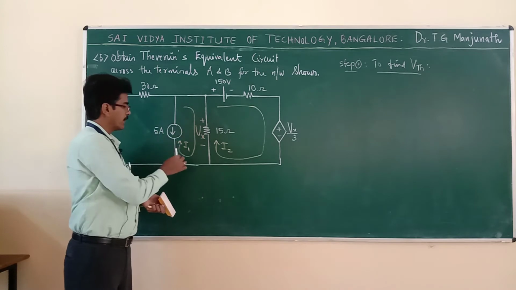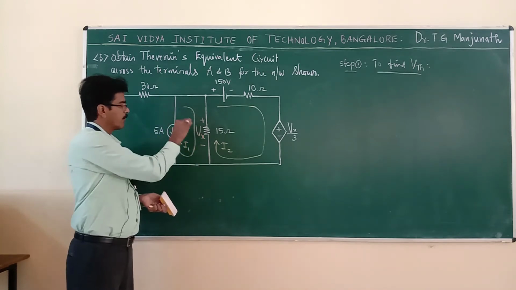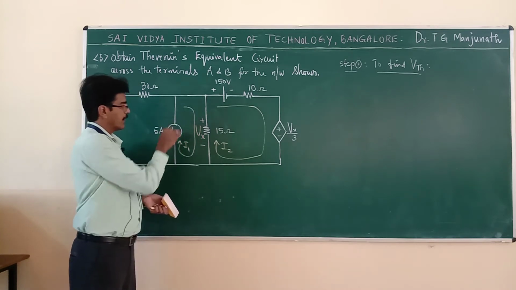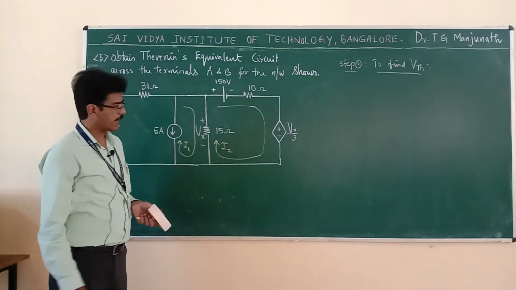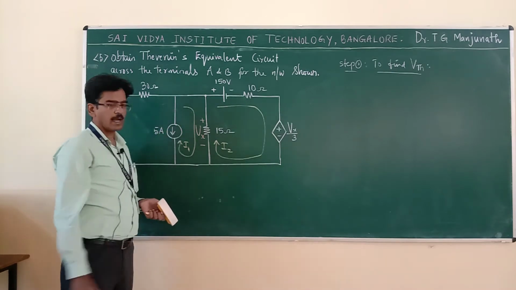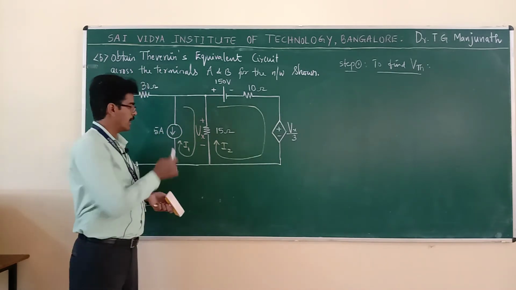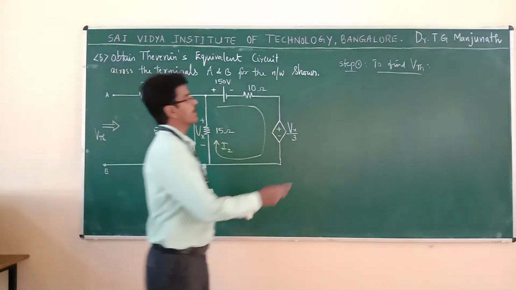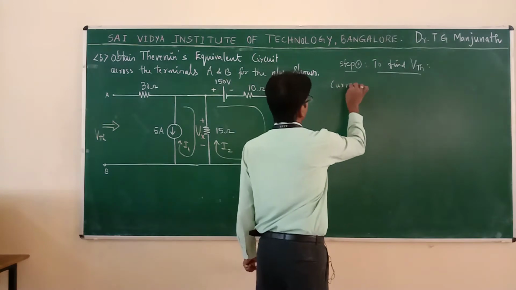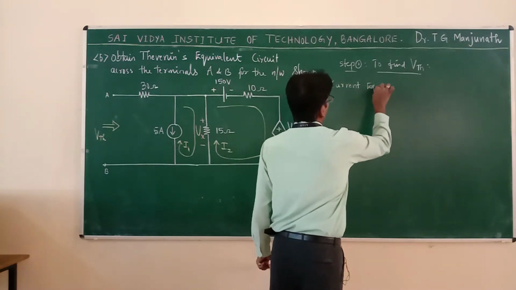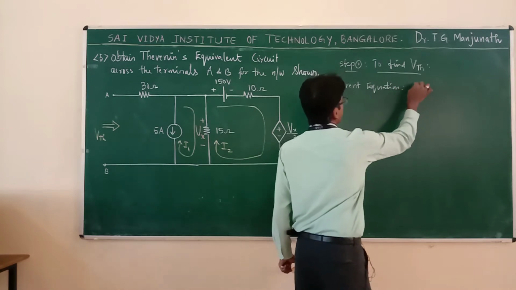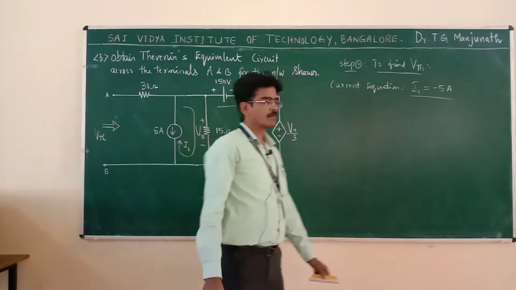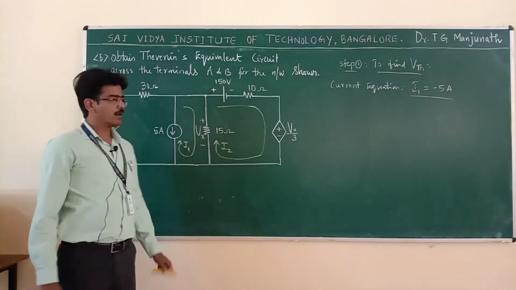In the same wire, the loop current I1 is flowing upward, opposite to this. Hence I can write I1 is equal to minus 5 ampere. That is the current equation. You cannot write any equation further.